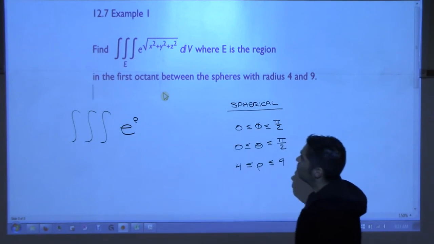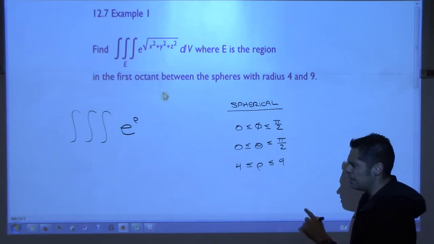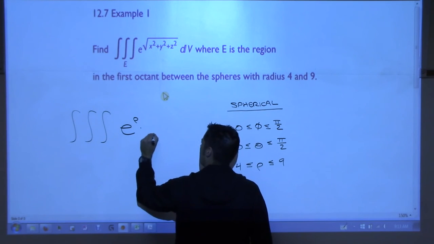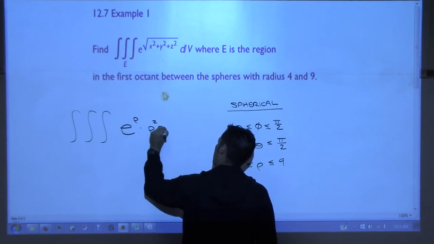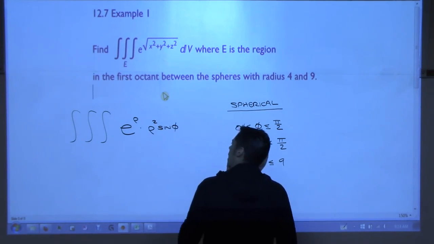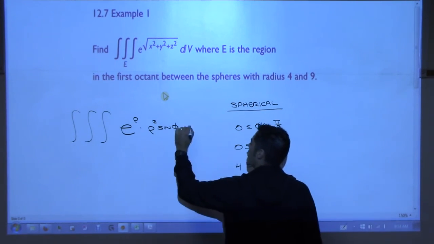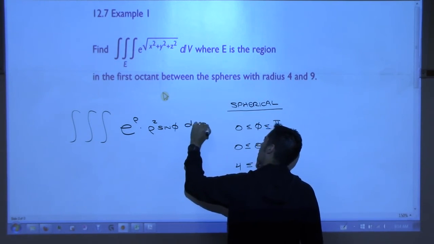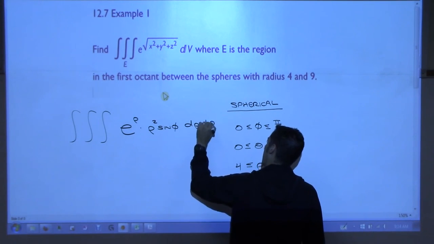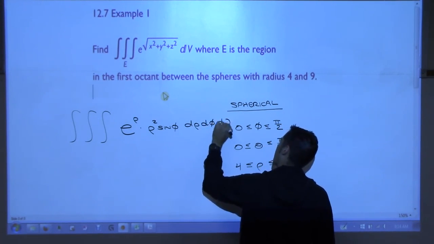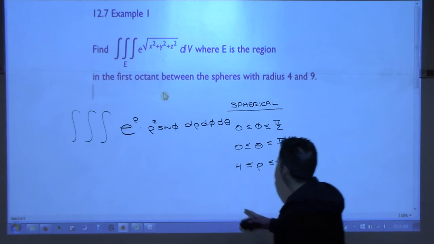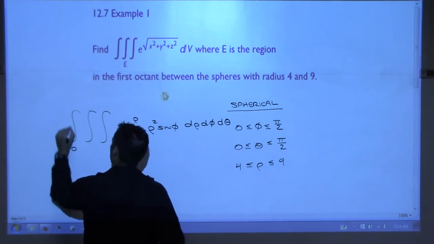And then because I'm switching to spherical, I have to put in that special thing, which is rho squared sine phi. And then my order of integration doesn't matter because these are all constants. So I'll go d rho, d phi, d theta. And then my limits of integration here, 0 to pi over 2.